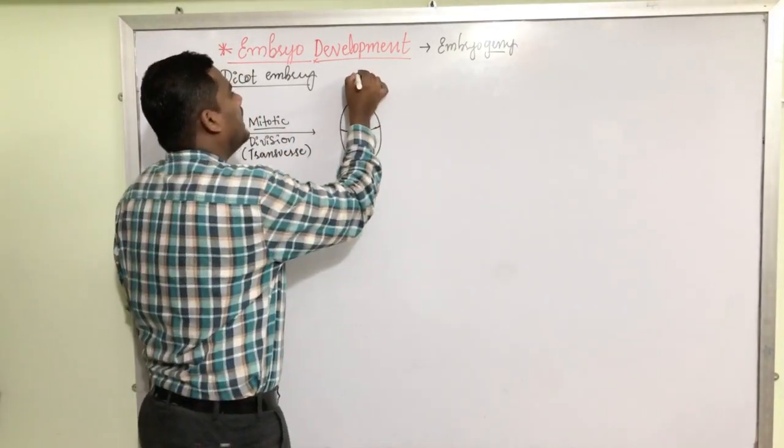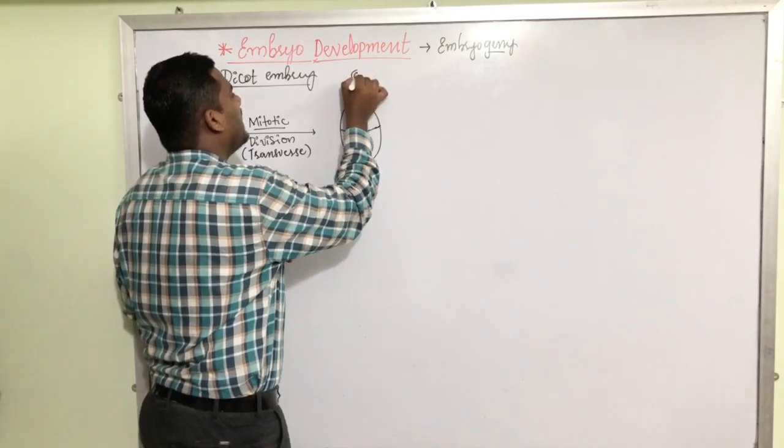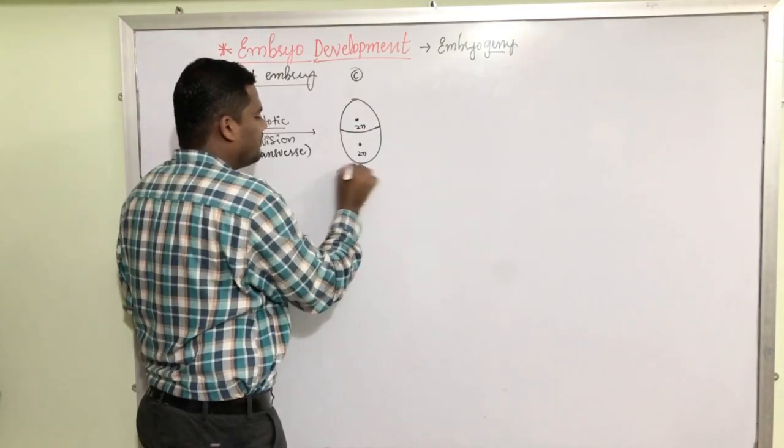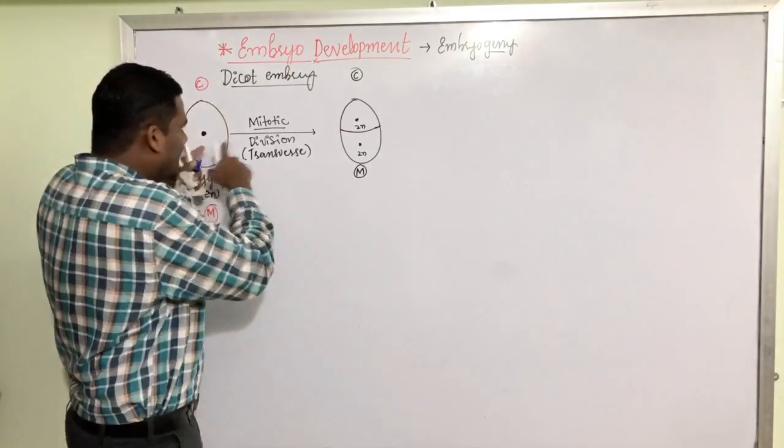Let us write the ends here. This is the chalazal end and this is the micropylar end. From one cell, we'll get two cells.